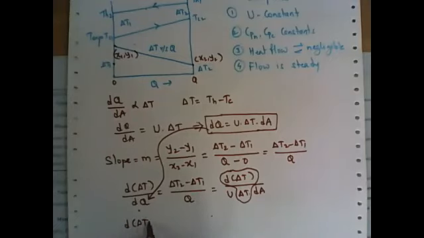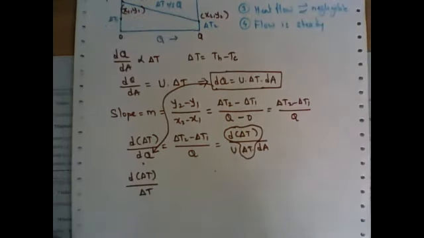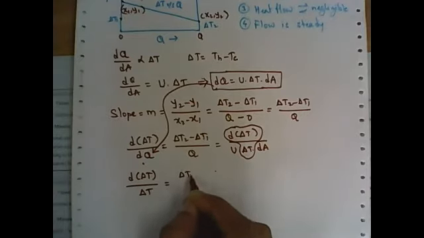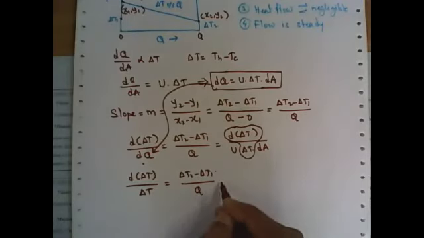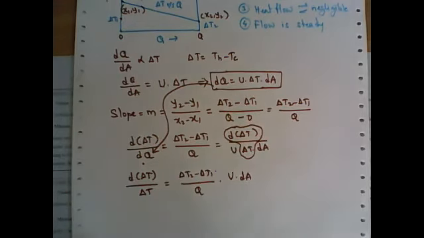So we can write d delta t upon delta t equal to delta t2 minus delta t1 upon Q, and this U into dA, right?